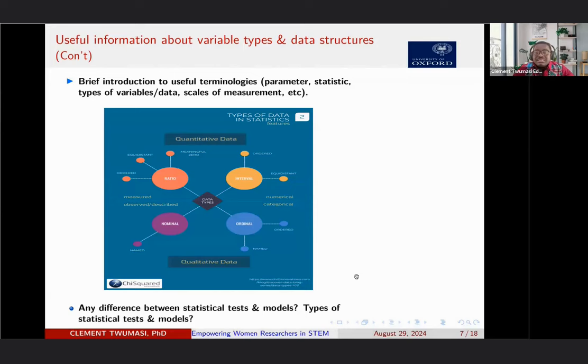But one thing you have to understand is that if you fit a model, in order to conclude whether the parameters are significant, we also need a statistical test. So somehow models cannot survive alone. They also require the test to make them valid. If you fit a regression, let's say you are looking at the effect of hours of studying on academic performance, there's a regression coefficient, which means there's a parameter you need to estimate.